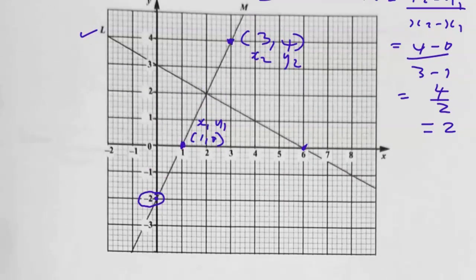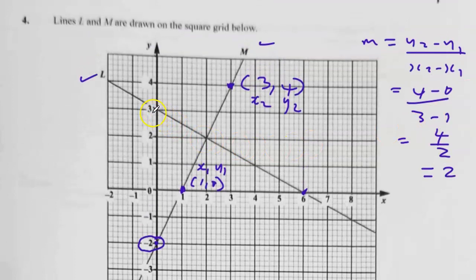Here's the line L. Another way of finding the gradient is to use rise over run. Let's take this section of the line L. Notice the rise here is 3 and the run here is 6, so the gradient is a half. Or you could find the gradient the same way you found the gradient of M, using the formula.